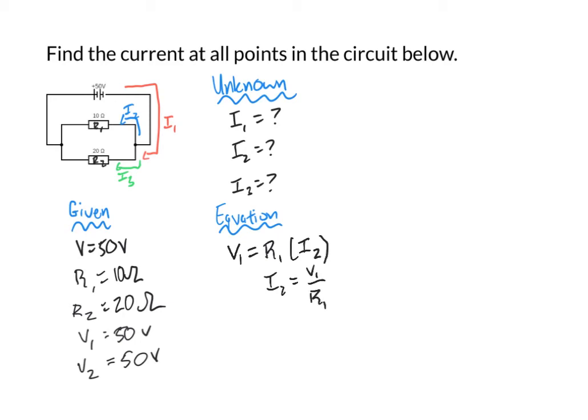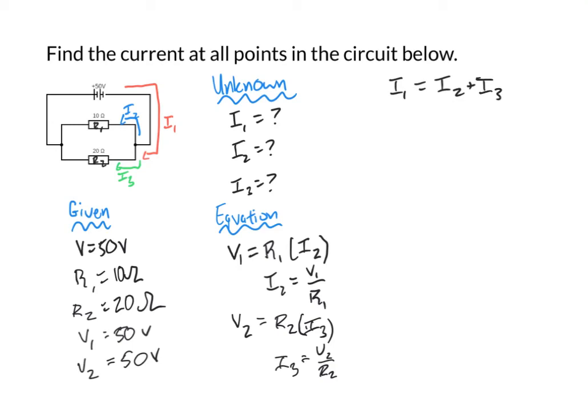Then I can say V2 is equal to R2 times the current through resistor number 2, which is I3. And so I can say that I3 is equal to V2 over R2. And then finally, I know from Kirchhoff's junction rule that I1 is equal to I2 plus I3.